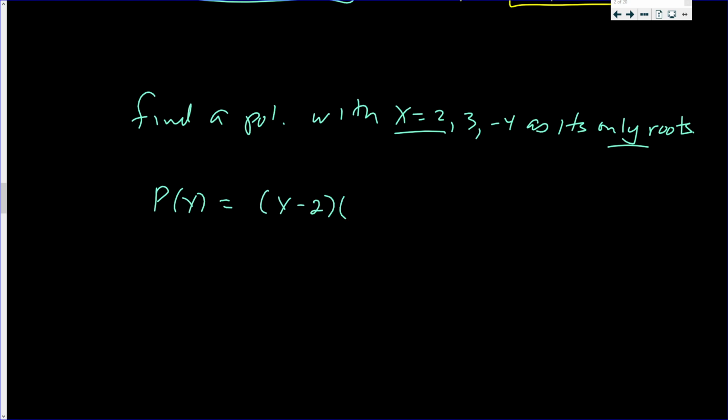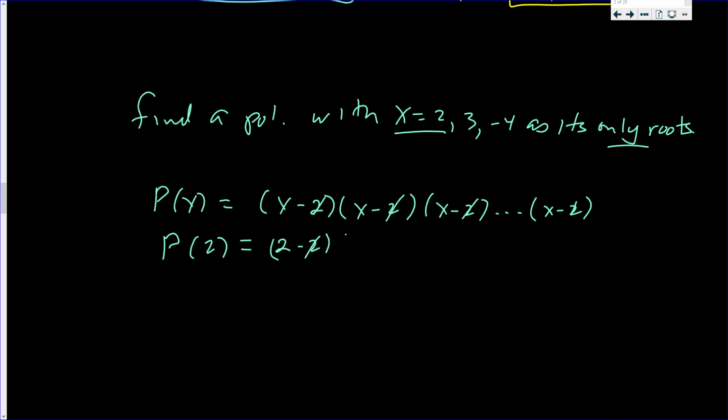Because again, if all the factors were different than x minus 2, now p of 2 would be 2 minus something other than 2.